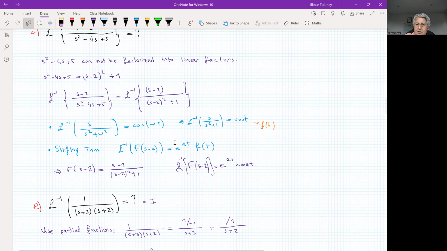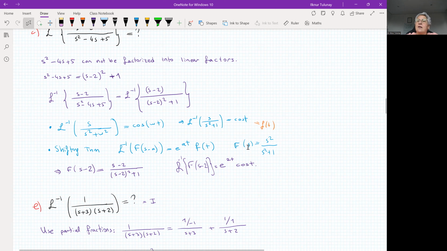So the shifting factor here is exponential e to the at, where f(t) is the inverse Laplace transform of F. What is F for us? F(s) here is s over s squared plus 1. If you put in F(s minus 2), then we get s minus 2 divided by (s minus 2) squared plus 1.